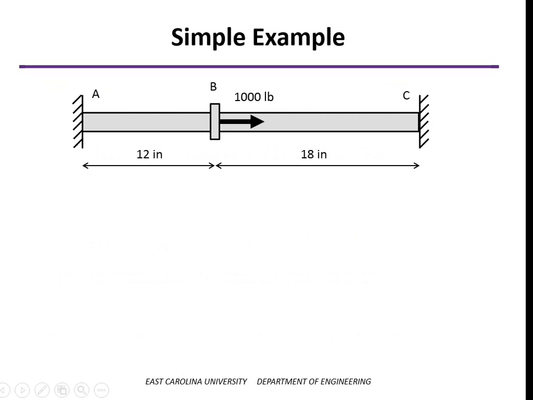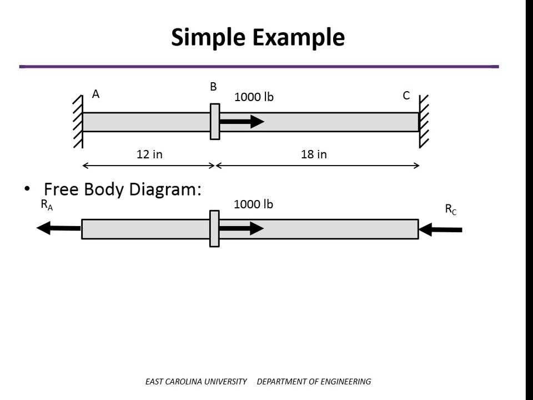So in this problem we've got an axially loaded member with 1,000 pounds being applied 12 inches away from end A. Both ends are fixed here. If I draw a free body diagram of this structure, I'll replace the supports at A and C with reaction forces.